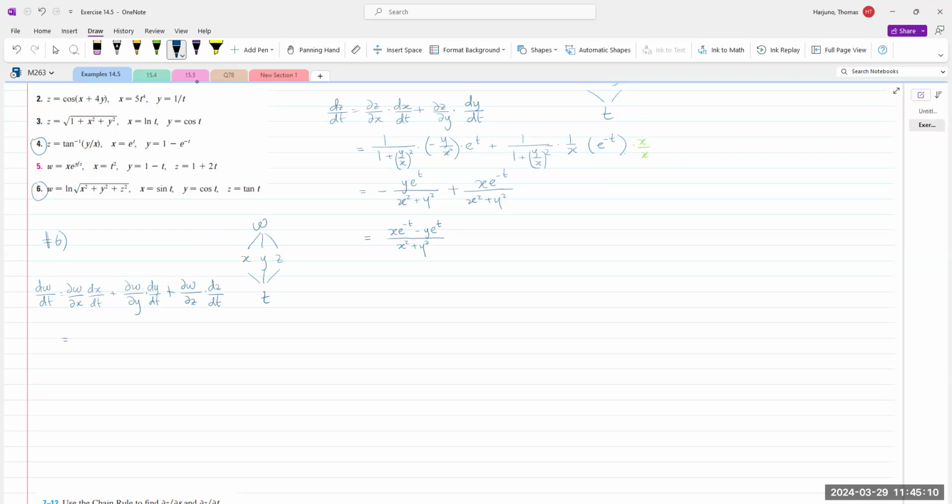Okay, so the derivative of that is, oh, you know what? This is actually 1/2 natural log of x squared plus y squared plus z squared. Is it right?